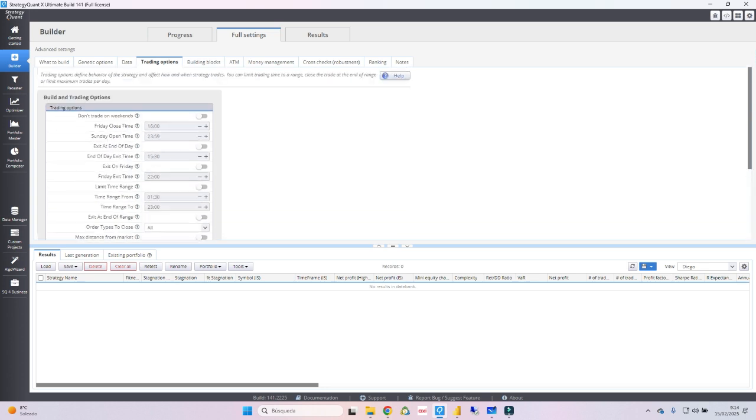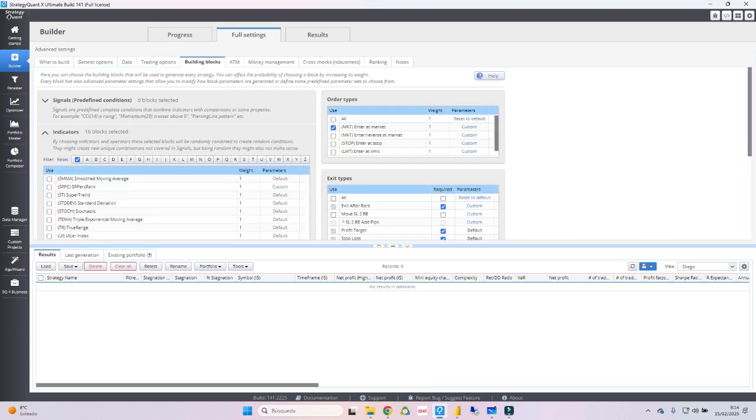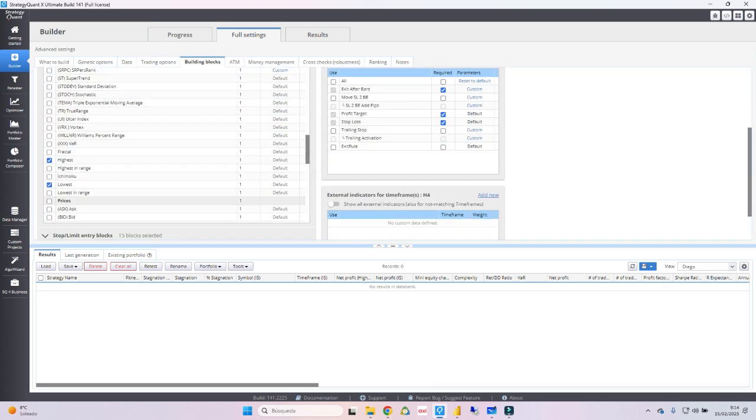We set these trading options, I'm not going to explain this, but let's take it as default. Market optimization, we are using the broker Darwinism. Building blocks, this is important. We are going to enter at market.